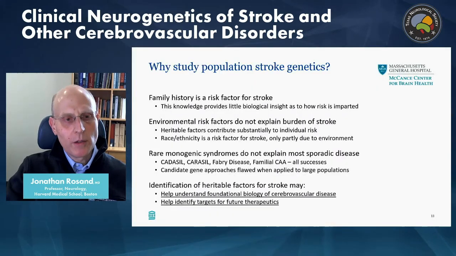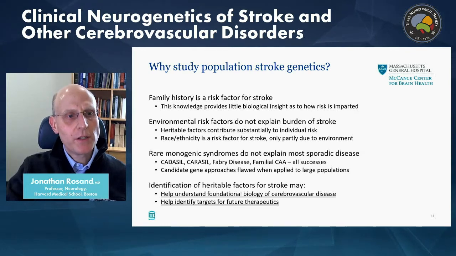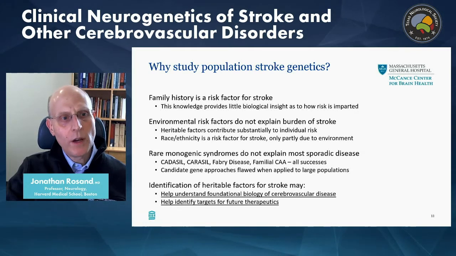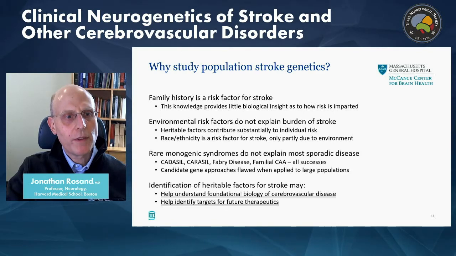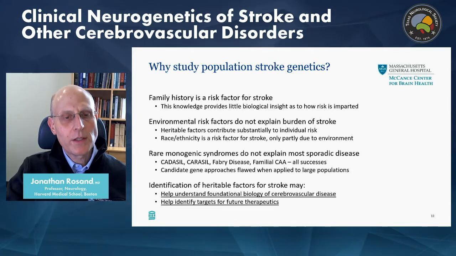Now we're going to focus the rest of the talk on common variants. And the motivation here is because we know that family history is a strong risk factor for stroke. Epidemiological studies consistently demonstrate that environmental risk factors, acquired risk factors, cannot explain the burden of strokes.